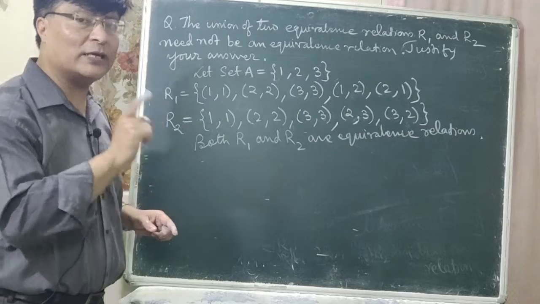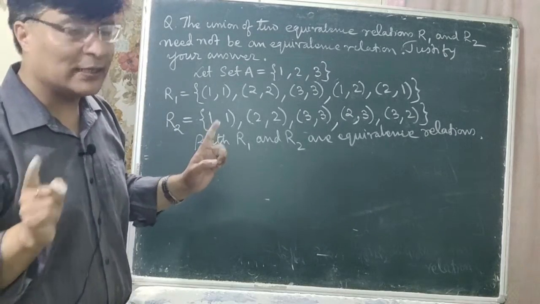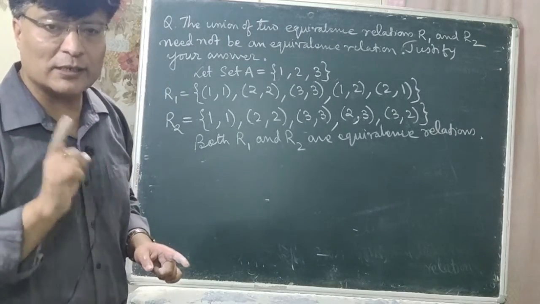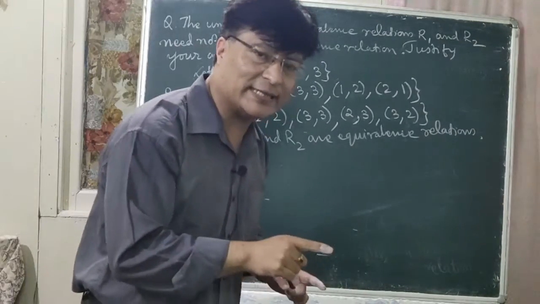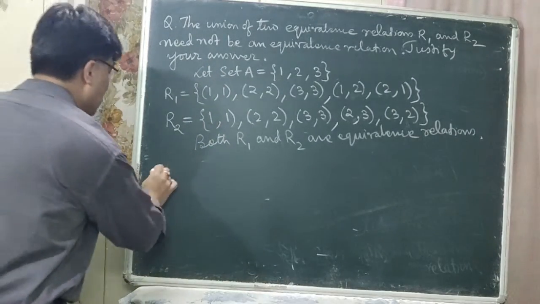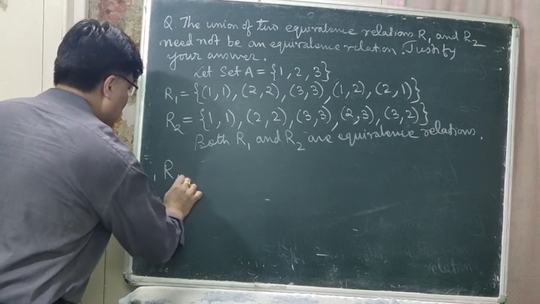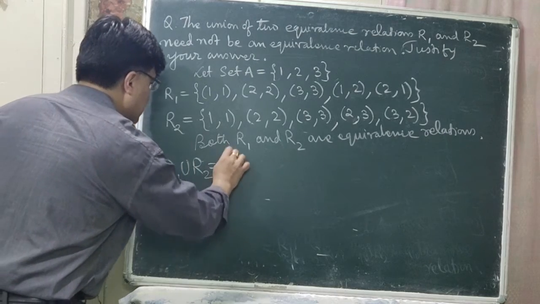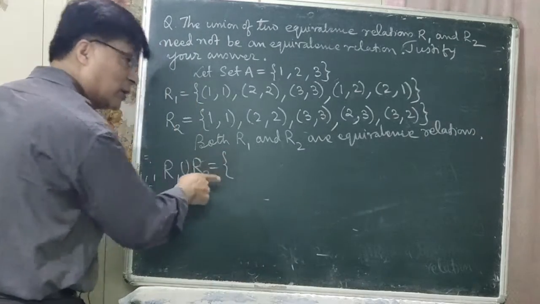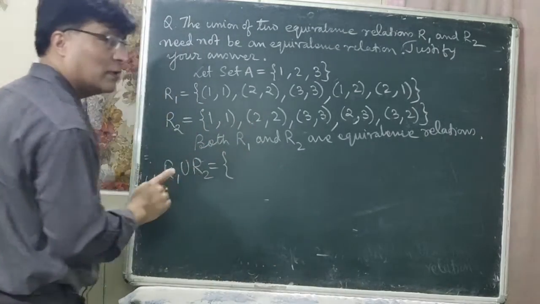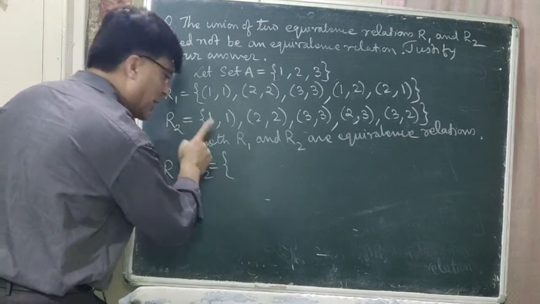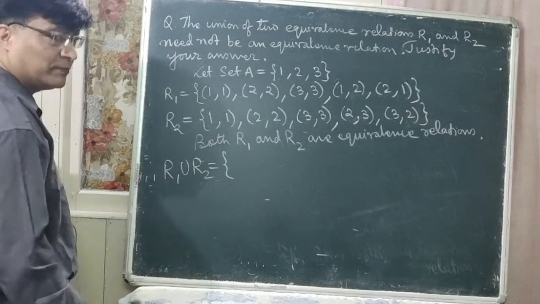It is not necessary that R1 union R2 is an equivalence relation. So let us find out R1 union R2. That means you have to write down the elements that belong to R1 as well as R2 or both.